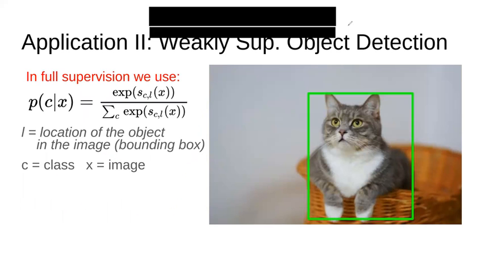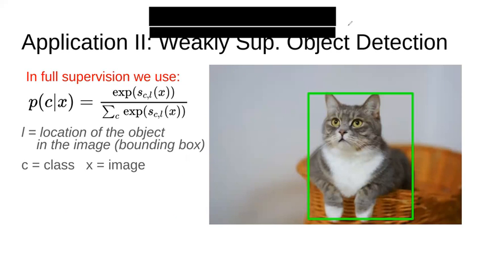So for full supervision, what people normally do is to compute the probability of a certain class of object C given an image X, and this probability is computed again using a softmax over classes.